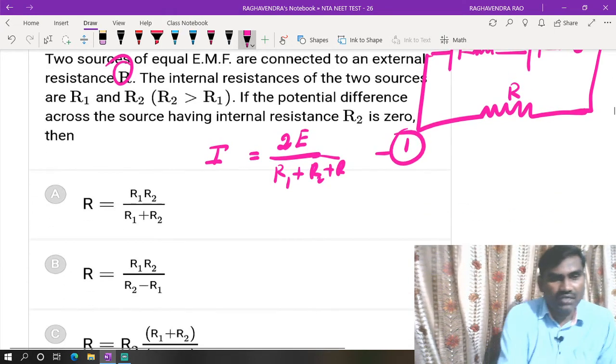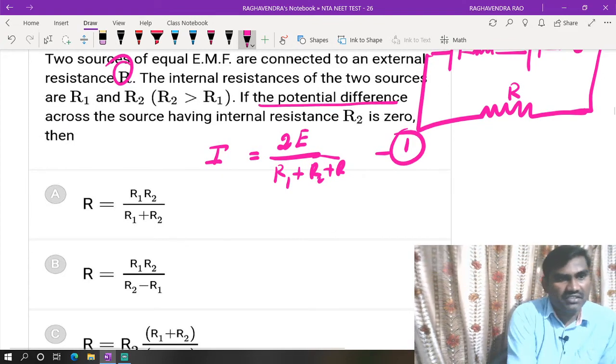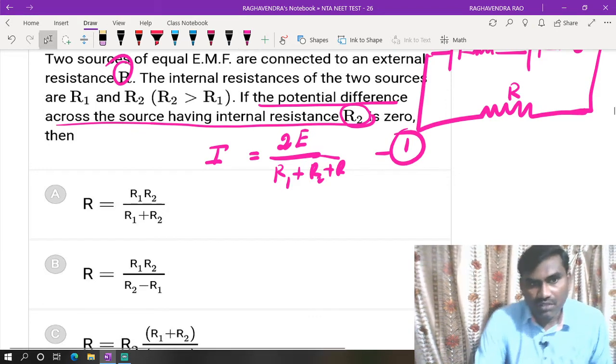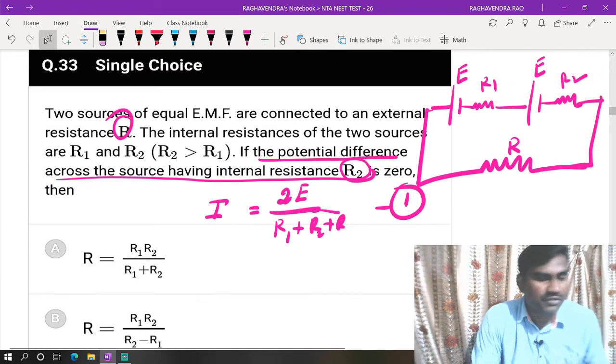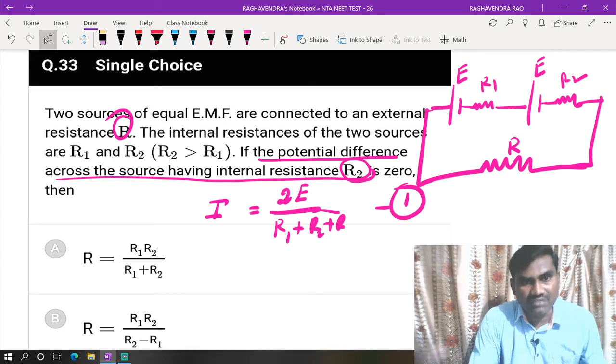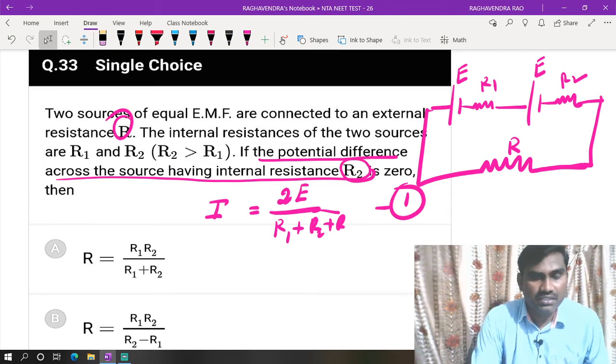But here what they are saying is that the potential difference across the source having internal resistance R2 is 0. The maximum potential difference across the terminals of a battery is the EMF when there is no current passing through the cell.